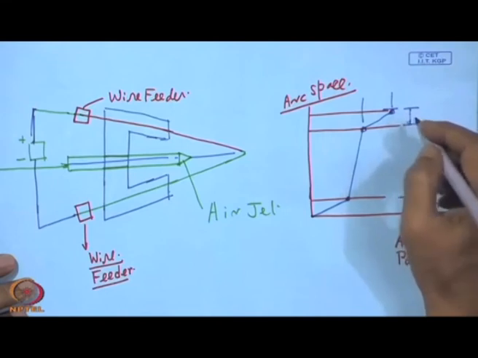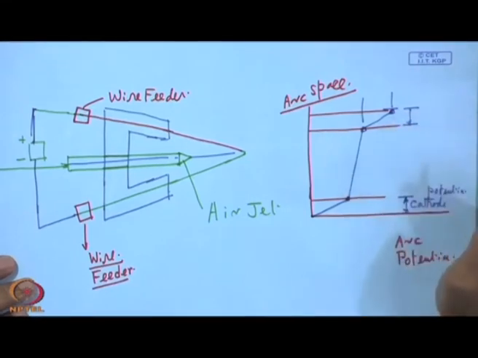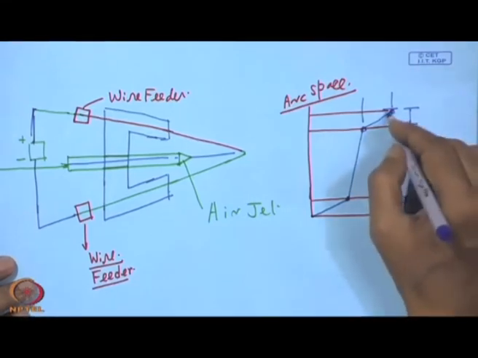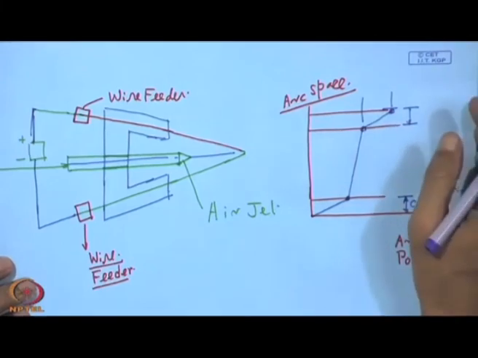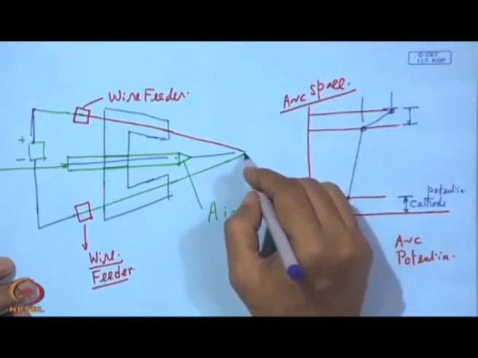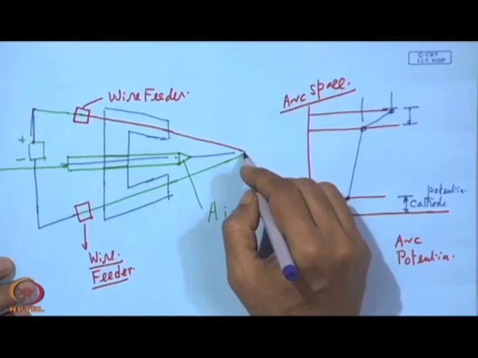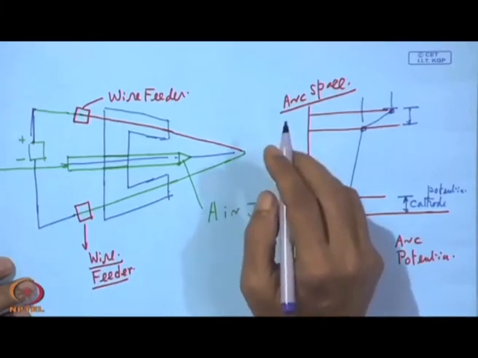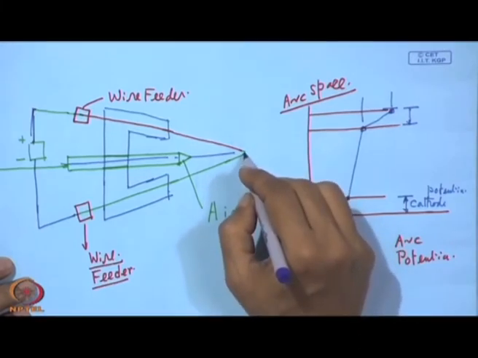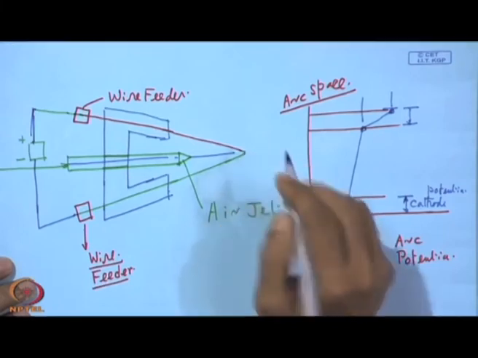In this space, this is the anodic space, very close to that, and this arc is struck. To have this striking of the arc, what happens is that when we bring them in contact, there is a short circuit between these two.